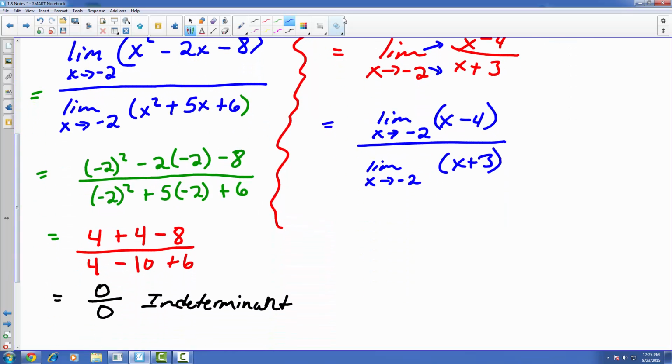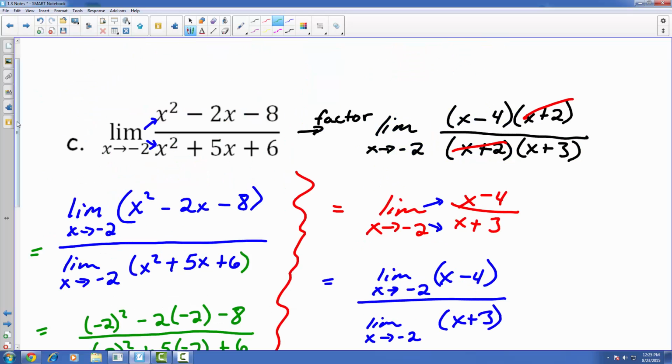And now, using direct evaluation, we can plug in. So we end up with -2 minus 4, that gives us -6 on top, over positive 1 on the bottom. So we end up with a limit of -6. So for problem 2c, we ended up with a limit of -6.